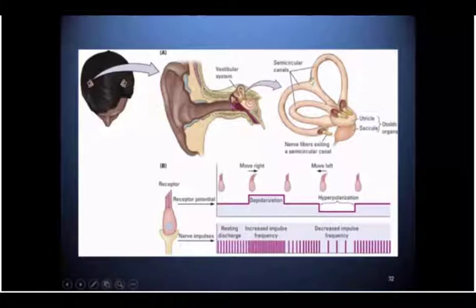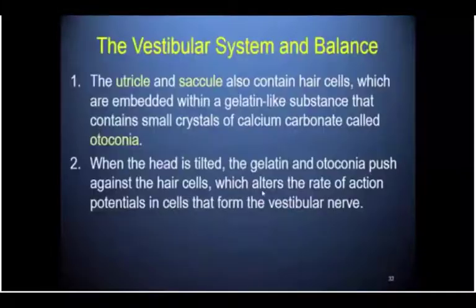Here's what we're talking about. These semicircular canals here are off of the cochlea. These two organs right here are responsible for detecting this action with regards to gravity, and it's using depolarization and hyperpolarization to send those messages. The utricle and the saccule have hair cells inside them that are designed to detect calcium carbonate crystals called otoconia.